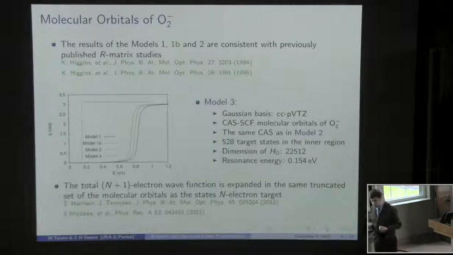Also, this is just one particular case of the selection of the orbital sets. For example, in the UCL group in this work, they used the natural orbitals of really extensive MRCI calculation of the target.